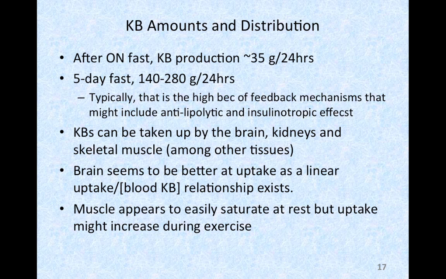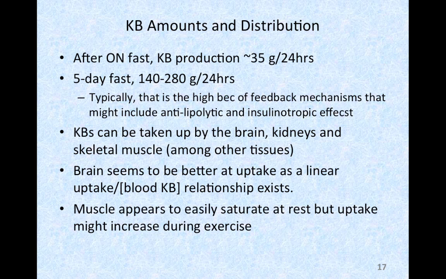Now, the ketone bodies can be taken up by the brain, kidneys, and skeletal muscle, among other tissues. Lots of tissues that can use ketone bodies. Now, of course, the red blood cells cannot because they don't have mitochondria, so they don't run Krebs or ETC, but most other tissues can use them. However, the brain seems to be the major target of these ketones.